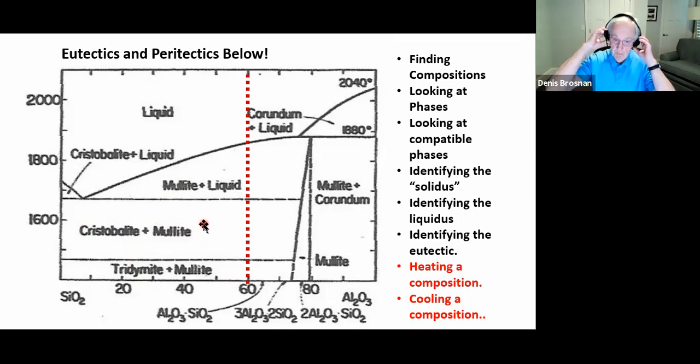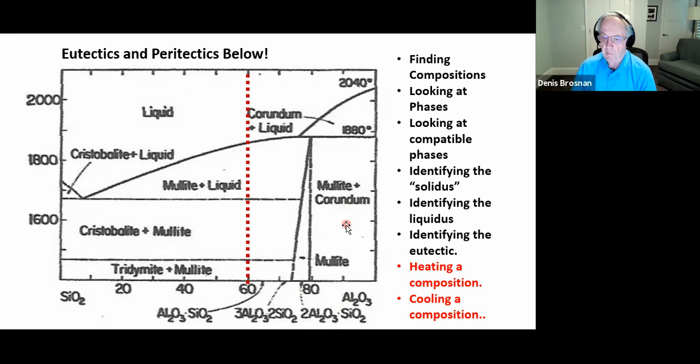And that's true because I've done a lot of lab work which has quantified these substances, and I know that they're present. By contrast, if we heated something up containing 90% alumina and got into this phase field, we know that we'd have mullite and corundum, and that's true too.